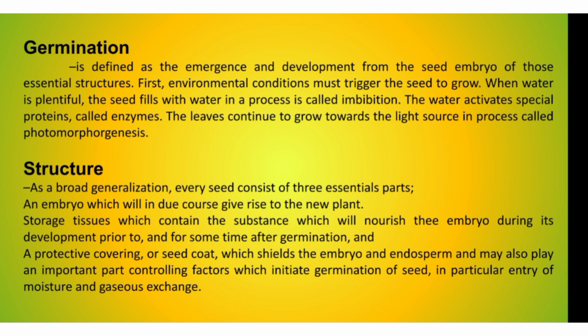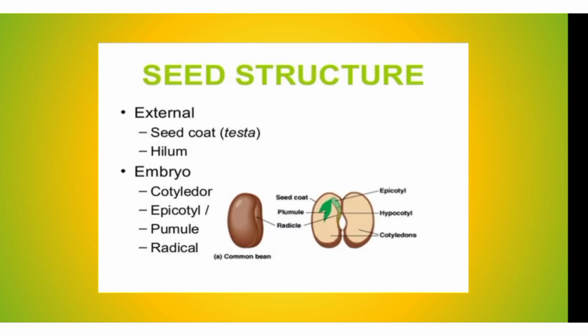Second, storage tissues, which contain the substance that will nourish the embryo during its development, prior to and for some time after germination. And third, a protective covering, also called the testa or the seed coat, which shields the embryo and endosperm and may also play an important part in controlling factors which initiate germination of the seed, in particular the entry of moisture and gaseous exchange.